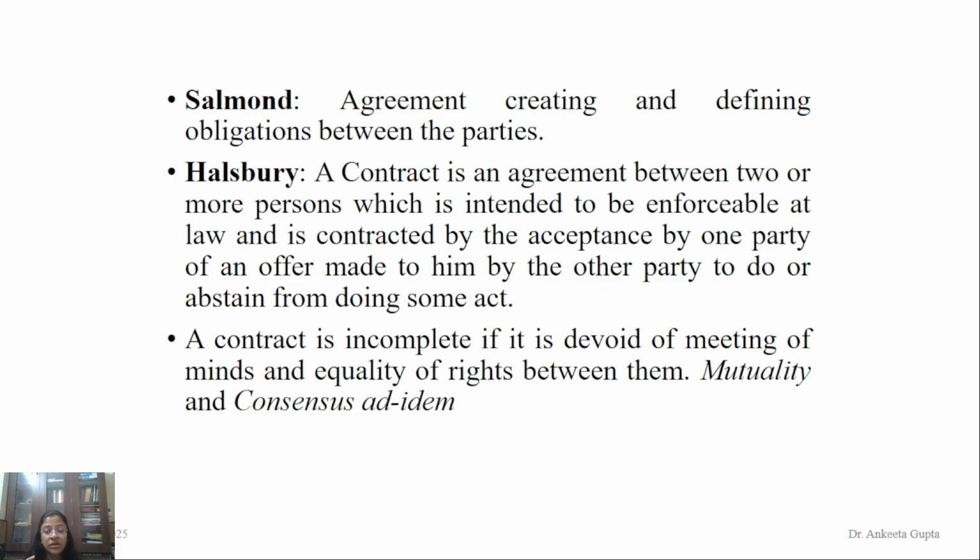Second is meeting of minds, which the formal term for that would be consensus ad idem. This implies that the parties have agreed to the same terms, have understood the implications of the terms in the same manner.